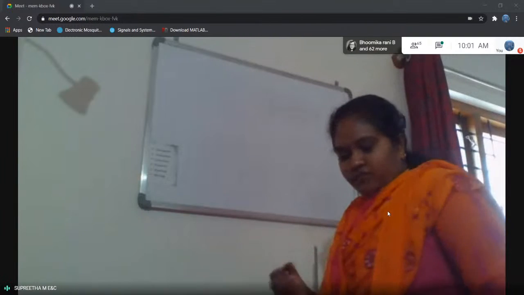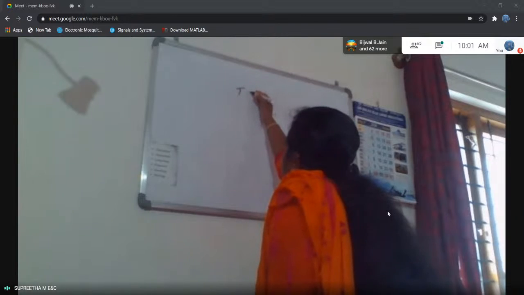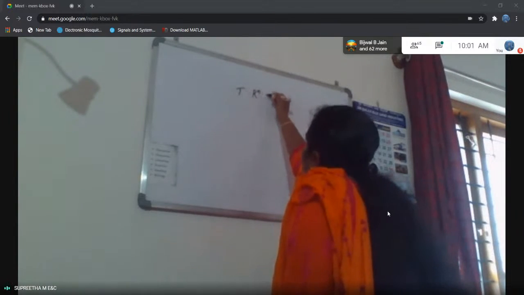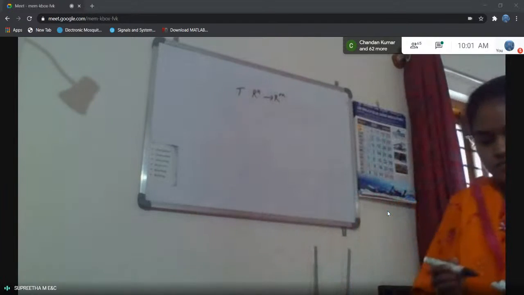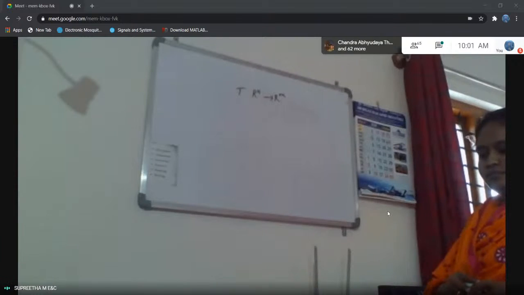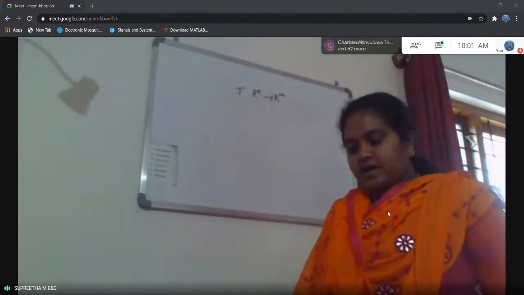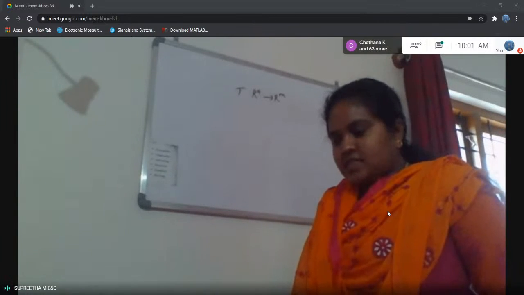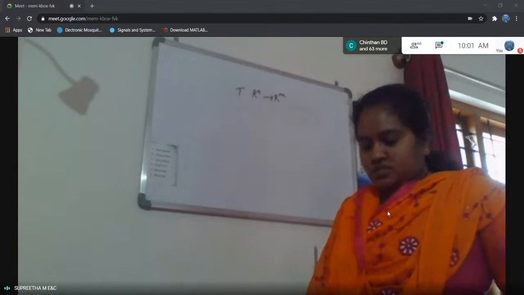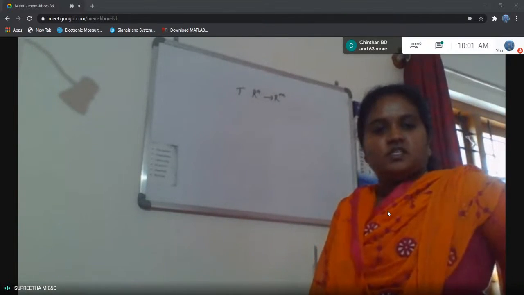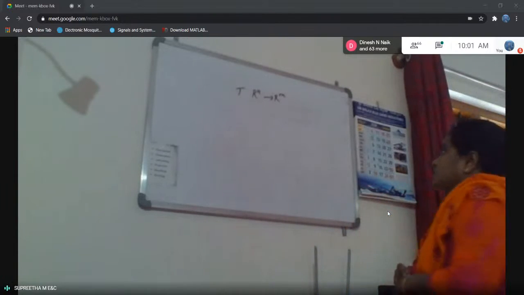Now, if T is a transformation from Rn to Rn, a transformation T from Rn to Rn is a rule that assigns to each vector x in Rn a vector T of x in Rn.